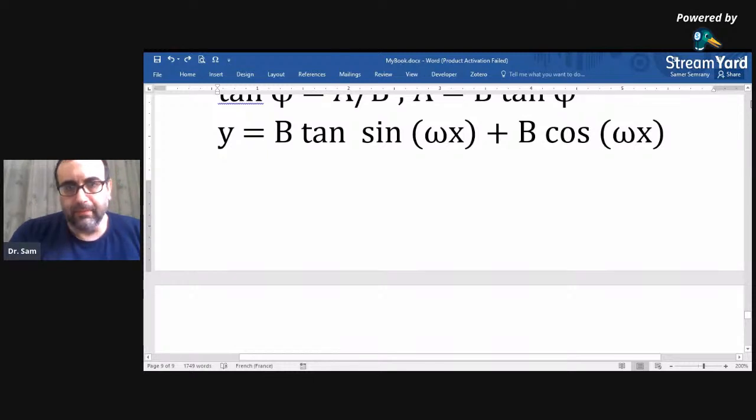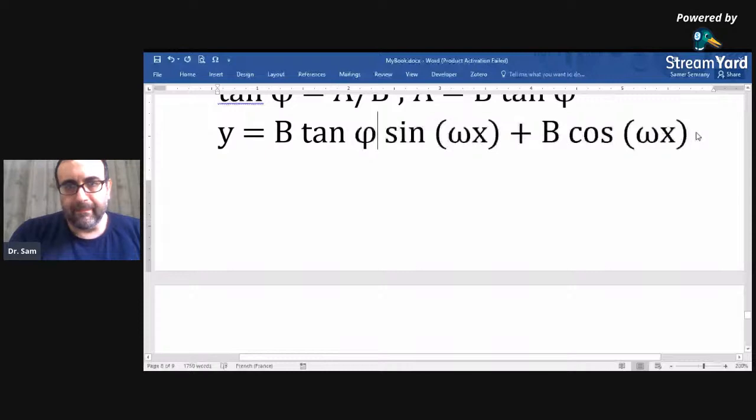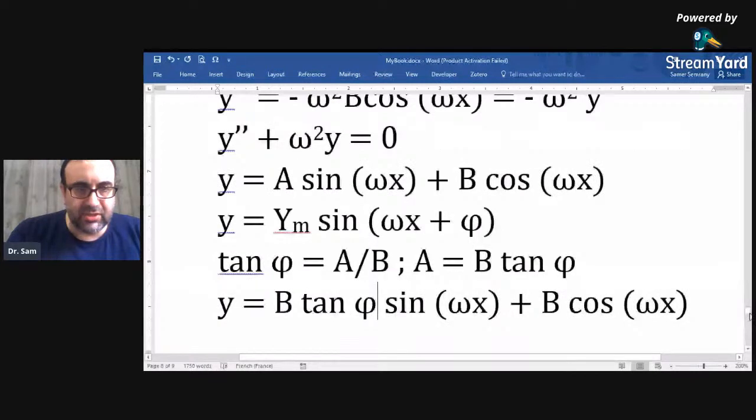And so we can take B in factor and write tangent phi as sine phi over cosine phi. So let's put tangent phi equals B over A. Sorry for that.